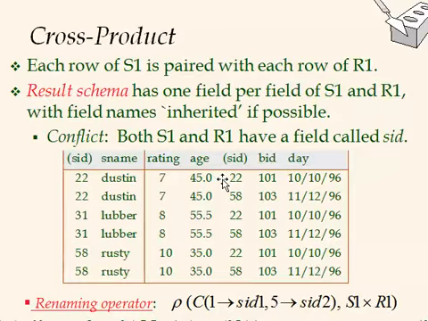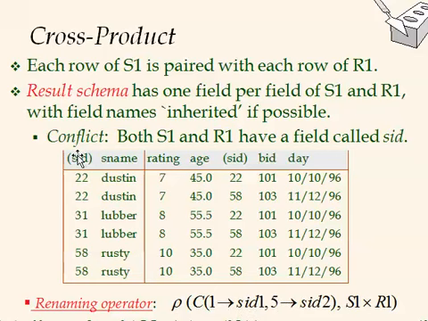Now here we're illustrating a conflict in the resulting table, because we got 2 columns that have the same name. We have 2 ways of solving this conflict. Either we rename, using the symbol that looks like a P, which is the rename symbol: rename the first column of the table as SID1, and the 5th column in this resulting table as SID2.